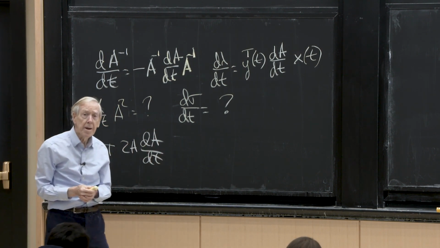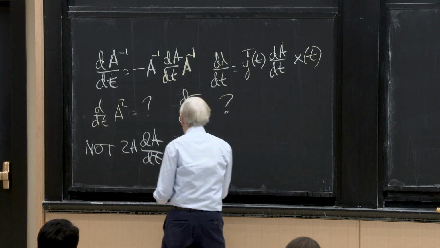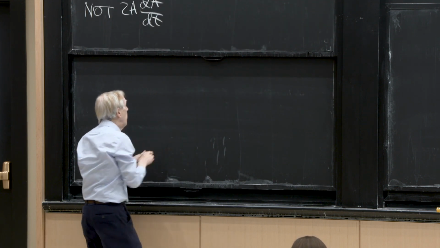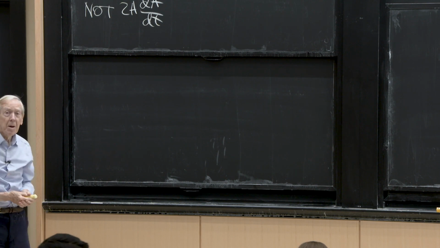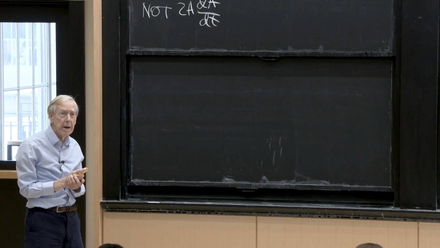And why isn't it, and what is the right answer? So I do that maybe just below here. Did anybody, well, I could ask you to guess the right answer, but why don't we do it systematically?